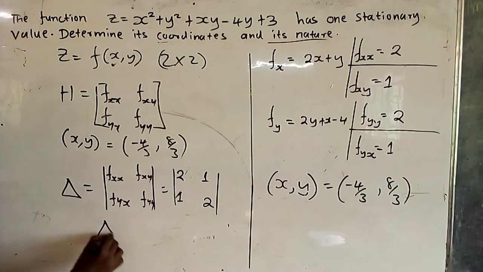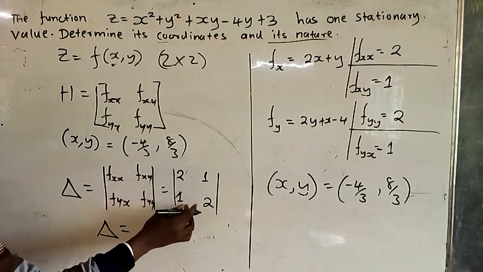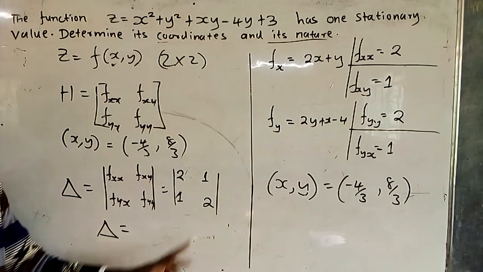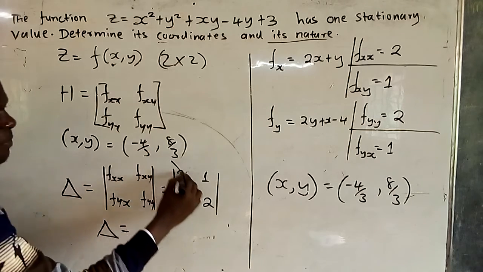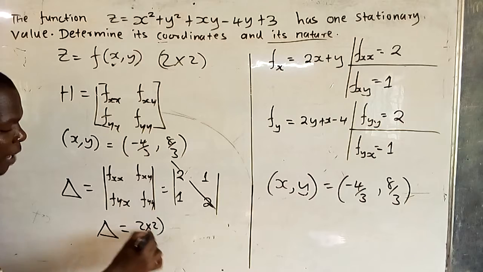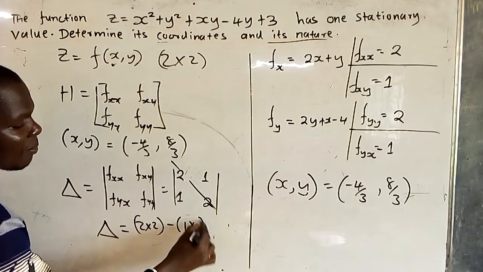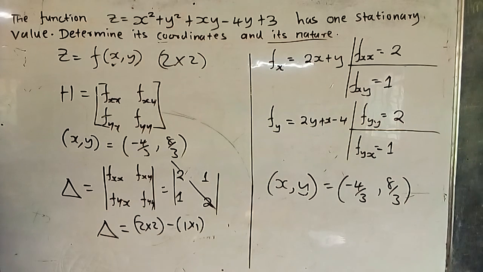So what do you get to be the discriminant? How do you get the determinant of a matrix? The product of the main diagonal minus the product of the other diagonal. So this is the main diagonal, meaning it is the product of 2 by 2 minus 1 by 1. What do you get? You get 3, which is greater than 0. We said when the discriminant is greater than 0, then it is a saddle point.